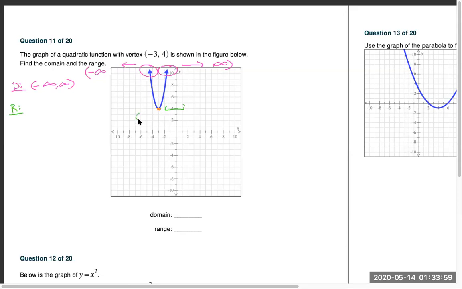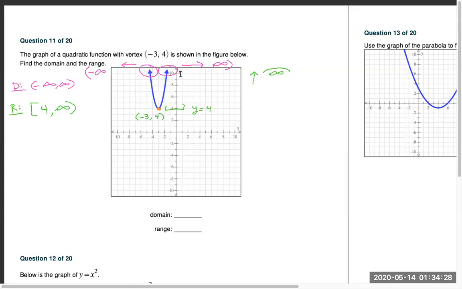The point is -3, 4, so the y value here is 4. So the lowest value we're going to use is 4, included. And then the arrows continuing up tell us that if we keep plotting points, we could move closer and closer to infinity, but we'll never touch it.